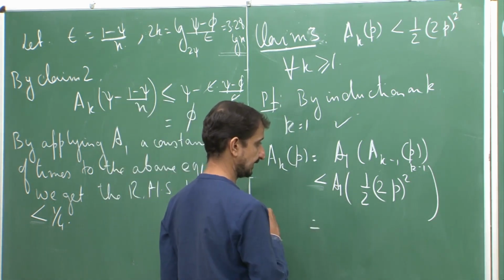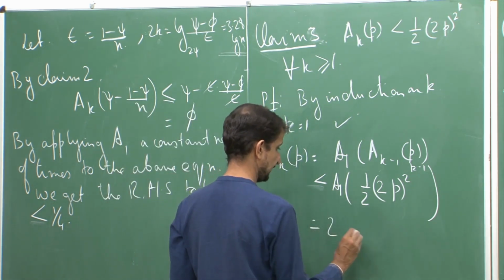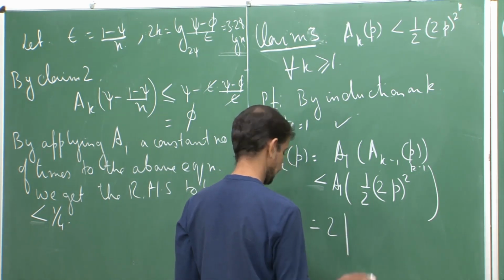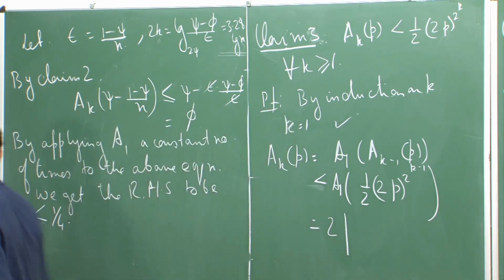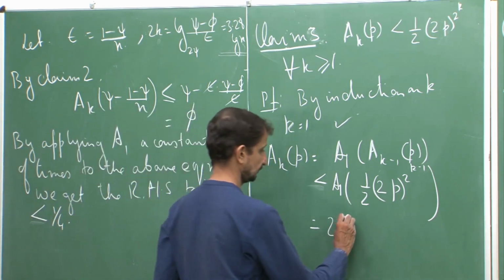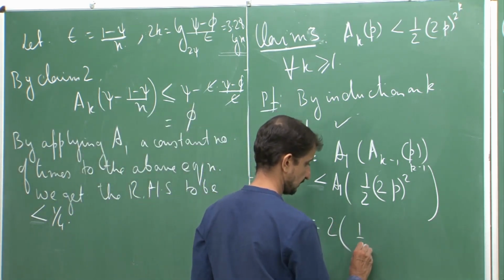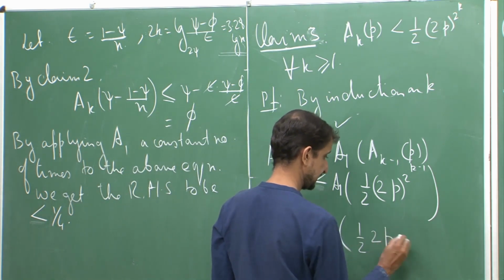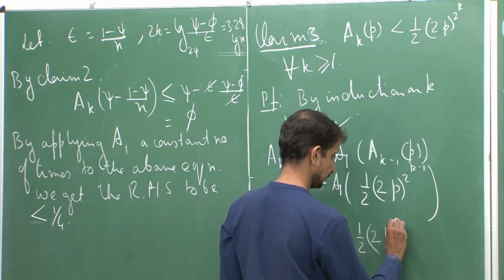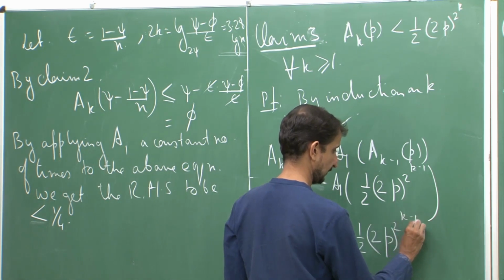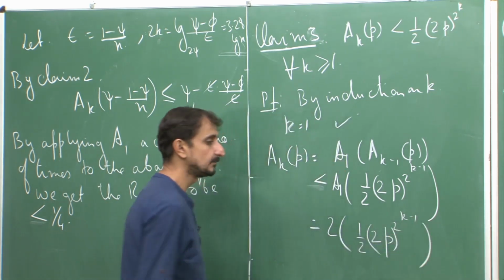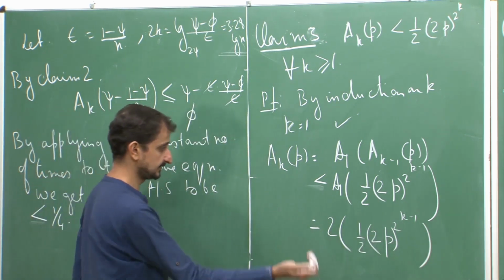Now, I apply the definition of A_1, I get 2 of half (2p) raised to the power 2 raised to the power k minus 1 over here, and the other term anyway just makes it smaller.